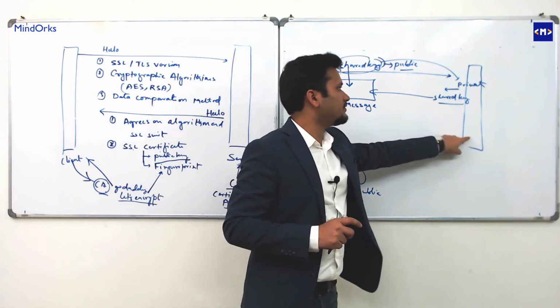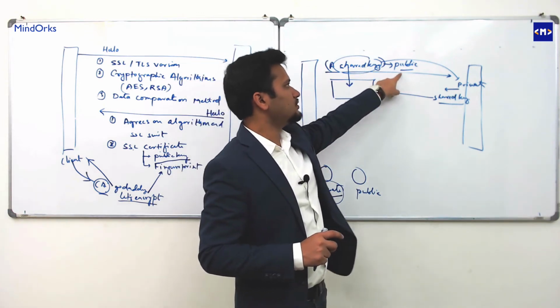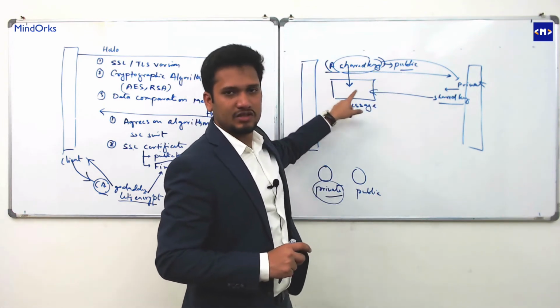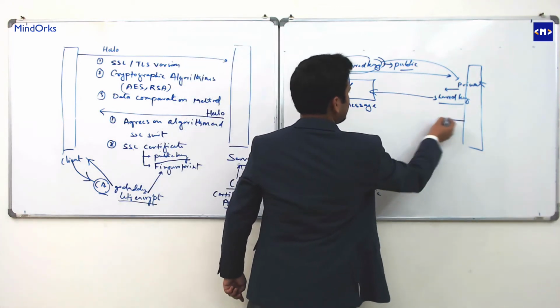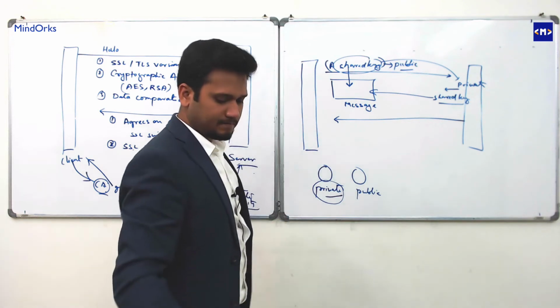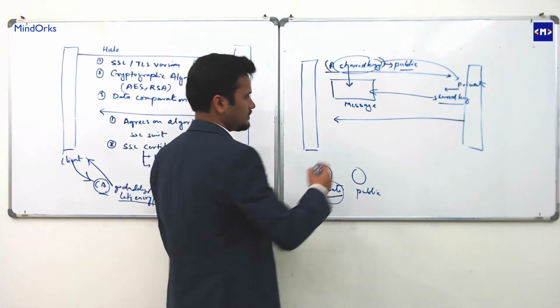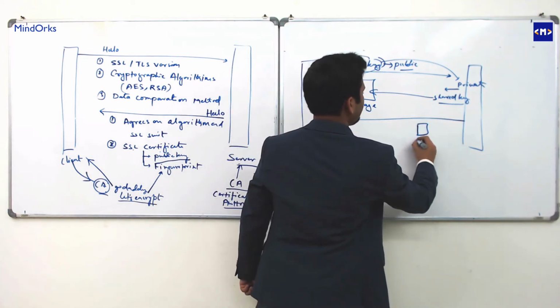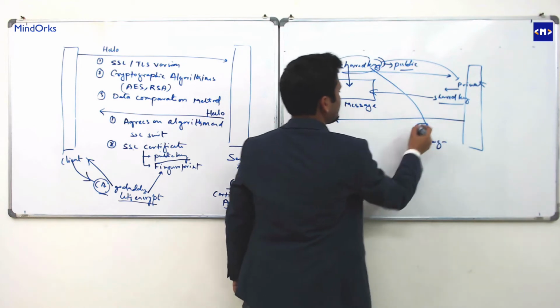Now the server will receive this, get the key out of it using the private key, and can read the message. Similarly, after that the server will provide a message, and that message will be encrypted using this shared key.